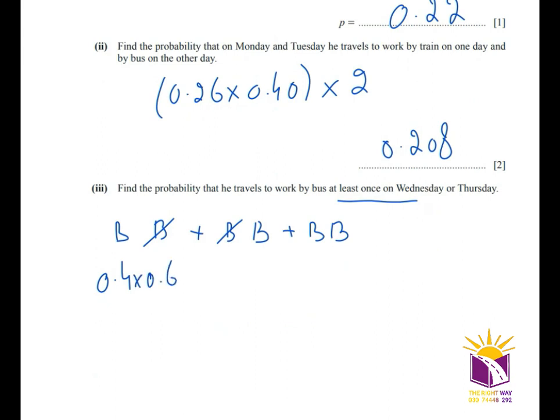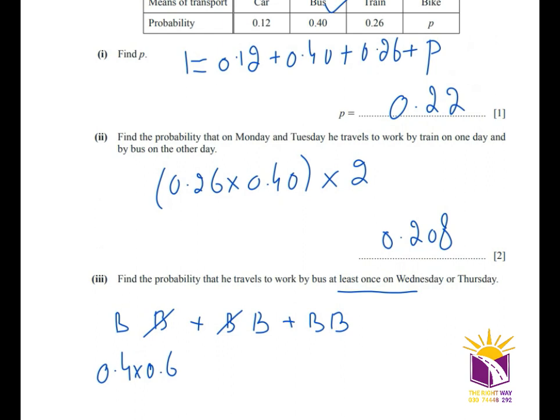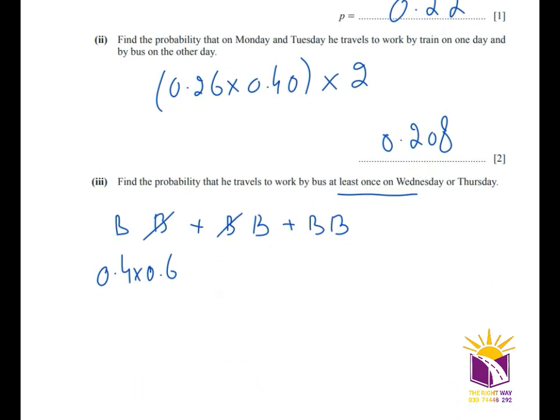Why 0.6? Because all other probabilities will add up, or you can say 1 minus 0.4, and then you will add 0.6 to 0.4. 0.6 is the probability that he does not travel by bus, or by bus is 0.4, and for the last one 0.4 multiplied by 0.4.